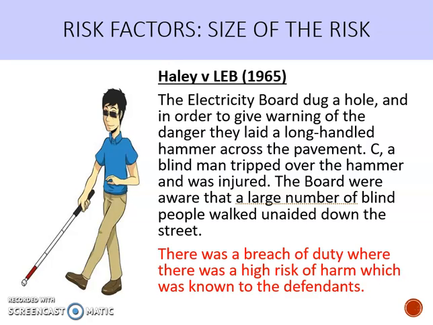Now, the court said here there was a breach of duty because there was high risk here, which was known to the defendants. The electricity board were aware that a large number of blind people walked unaided down the street, and therefore leaving a hole in this way was high risk and they had breached their duty of care.